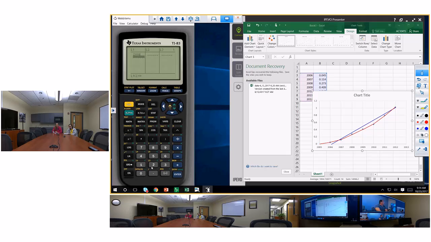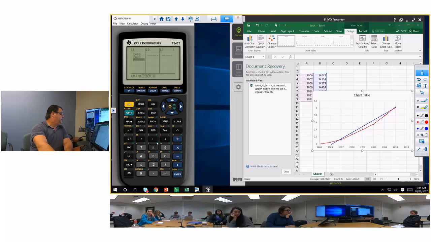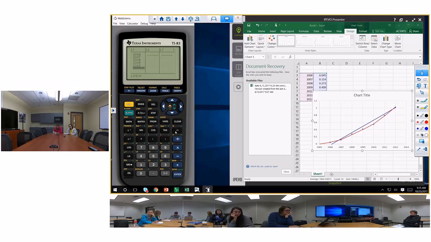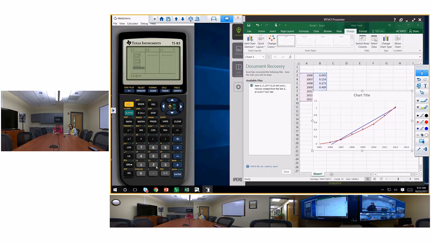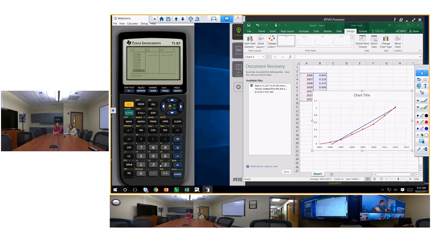2006. 2007. 2008, 2009, 2010, 2011, and 2012.